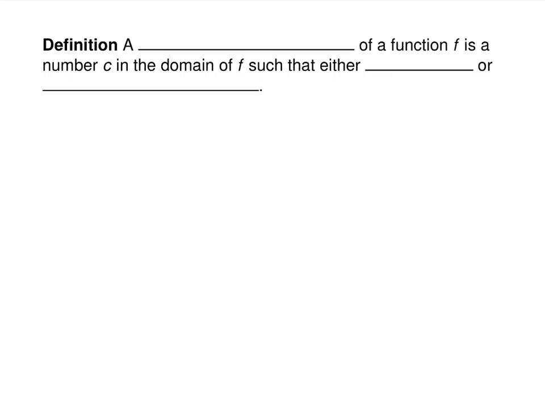So a critical number of a function f is a number c in the domain such that either the derivative is 0 or the derivative at that point is undefined.